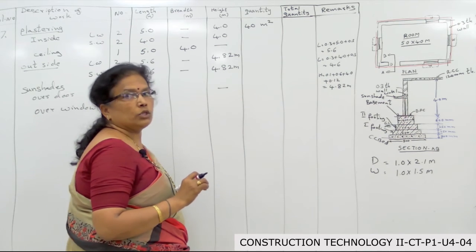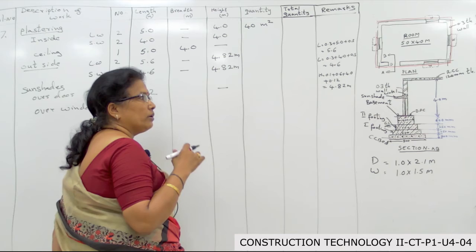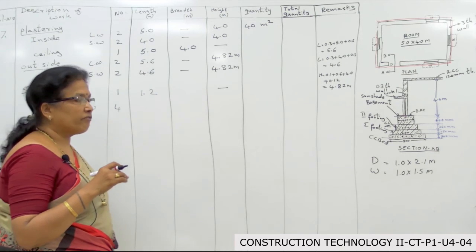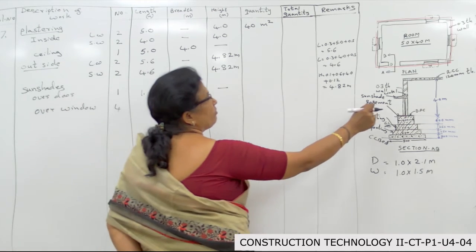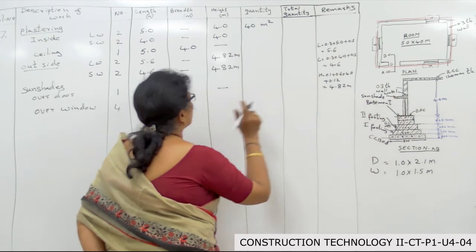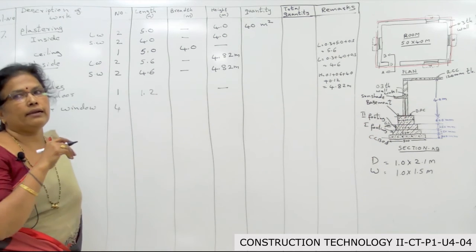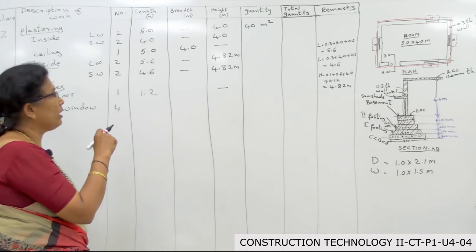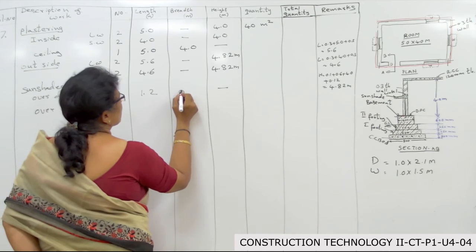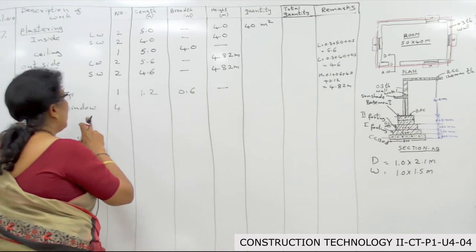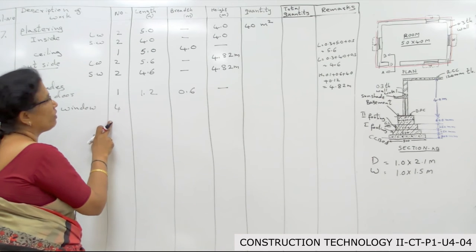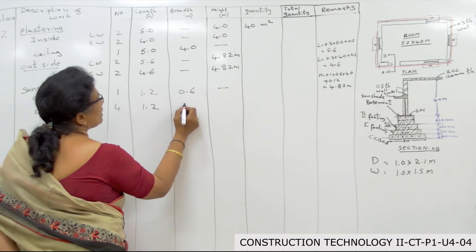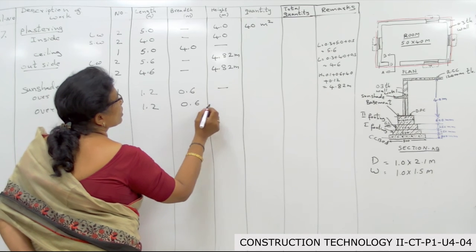So the length of the sunshade is 1.2 and you won't have thickness here. You have only breadth. This breadth you can take as 0.6 meter to 0.75 meters. Actually, if they don't give, you can assume. This is the standard dimension, 0.6 meter to 0.75 meter.